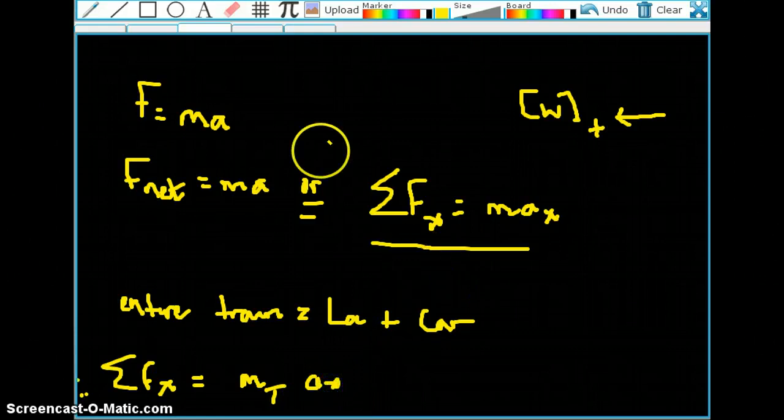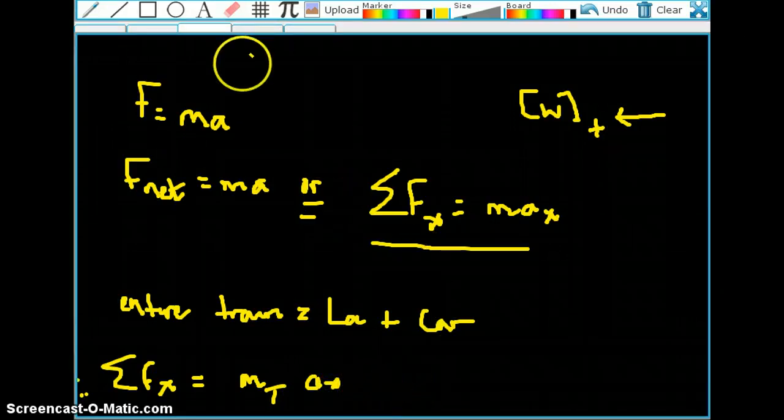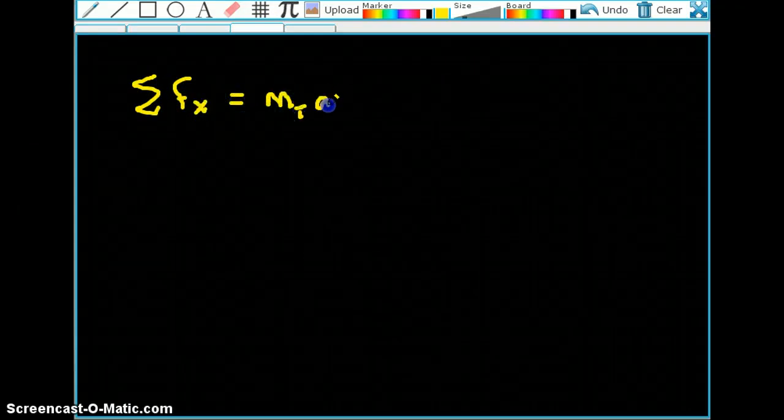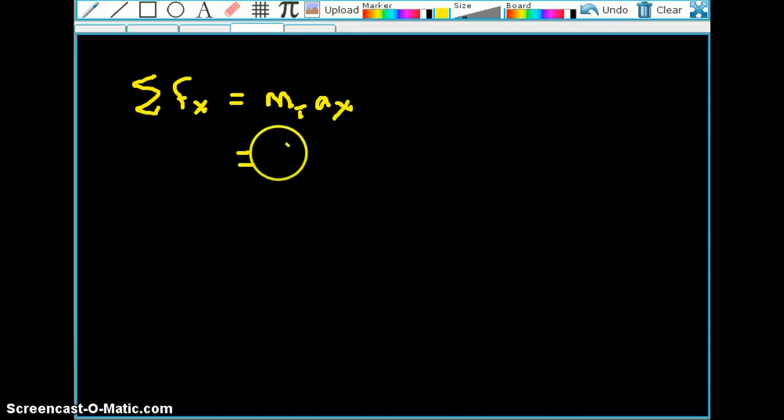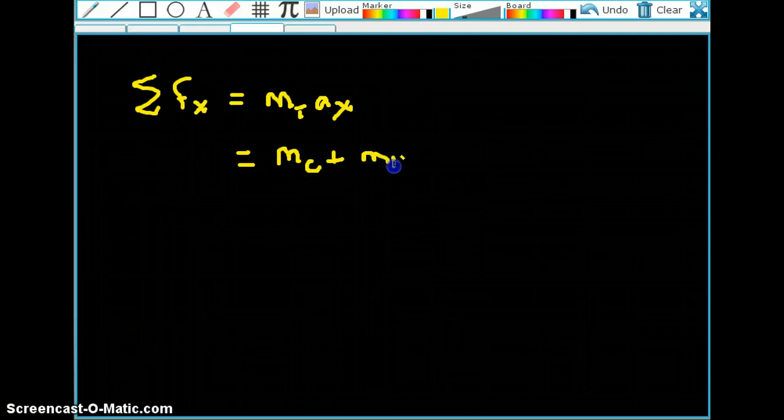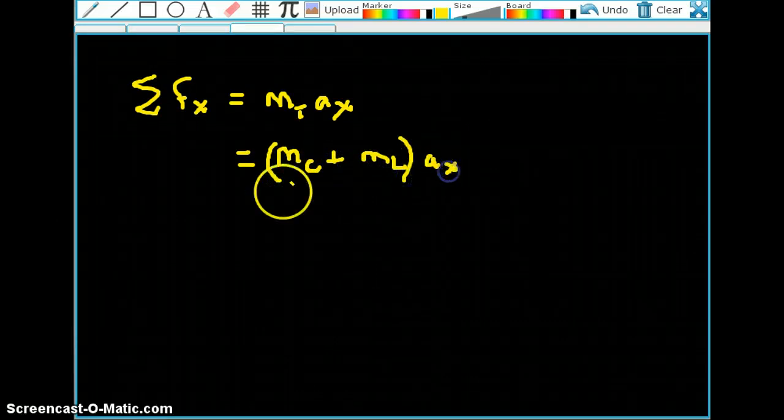Now the mass of the train is super easy. We can just sub in values. I'm going to rewrite the equation so we don't forget: mass of the train times acceleration in the x direction. This means the mass of the car plus the mass of the locomotive, times the acceleration in the x direction.